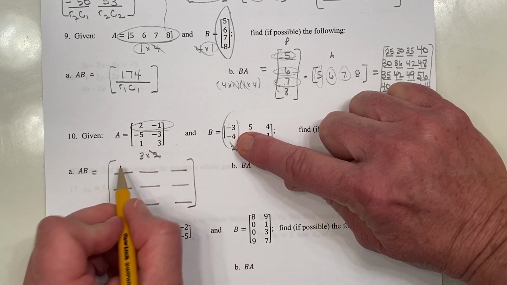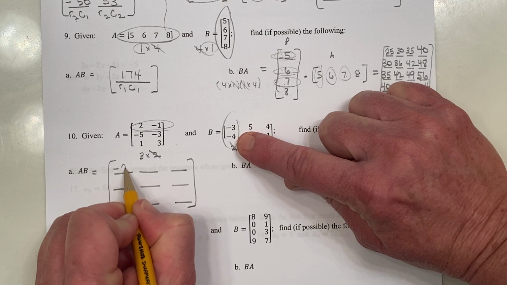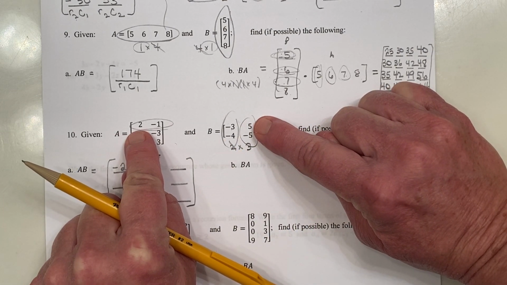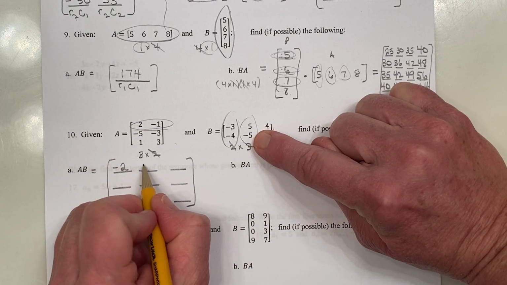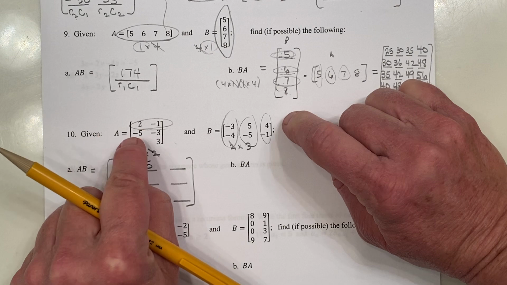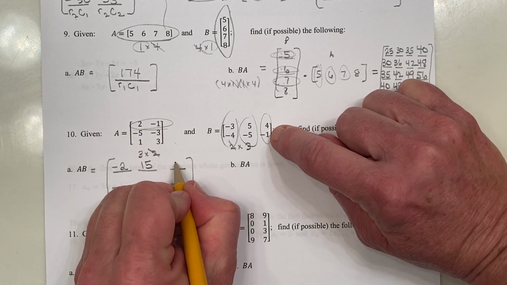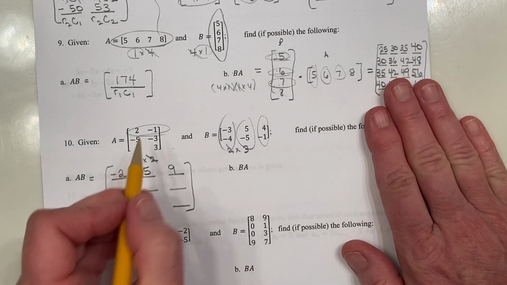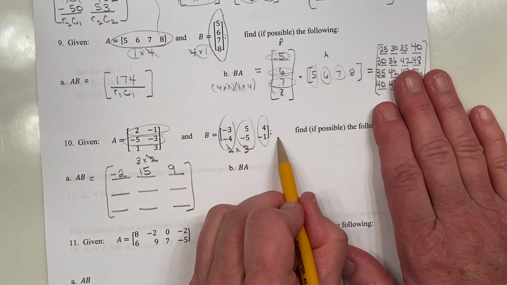-6 plus 4, -2. 10 plus 5 is 15. That's going to go here. And then multiply by the last column. 8 plus 1 is 9. Okay, let's drop down to row 2 and multiply by each of these 3 columns.